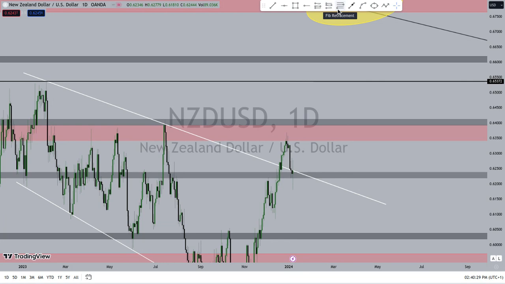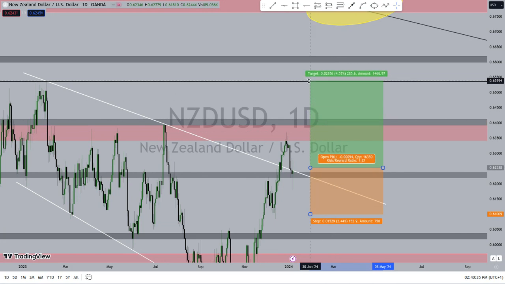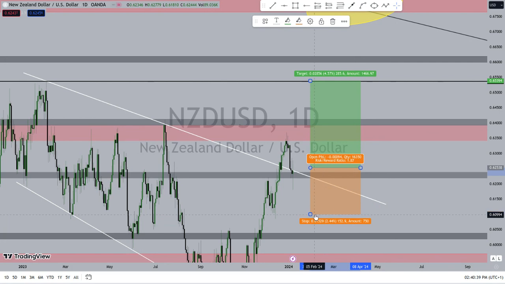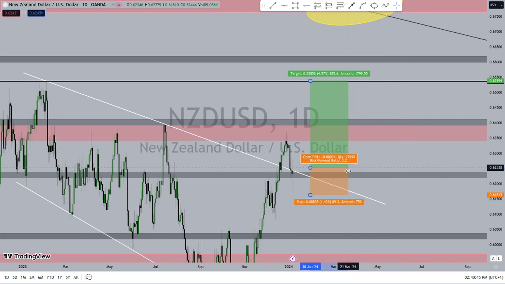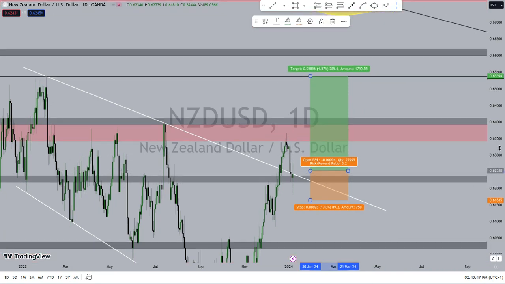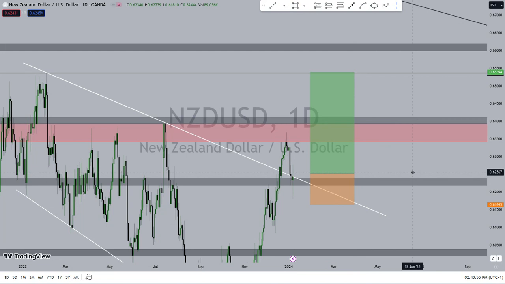It should be like this. As long as we are still trading above this trend line, our bias is still bullish on NZD USD.